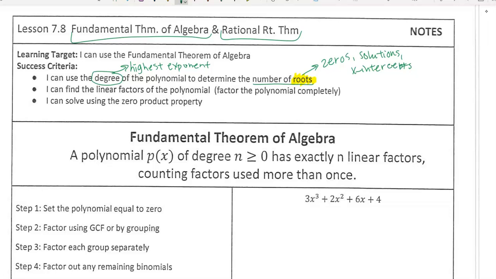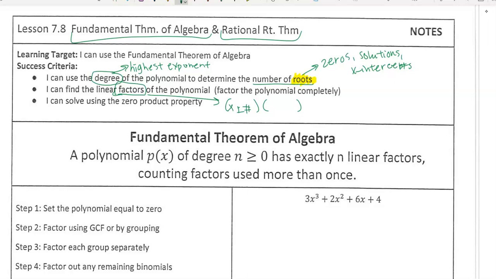Okay, then we can find the linear factors of the polynomial. We know what factoring means. Factors refer to the parentheses, where usually there's an x here and some number here, a plus or minus, and these are your factors. We found these in multiple ways using factor by grouping or the ABC method.